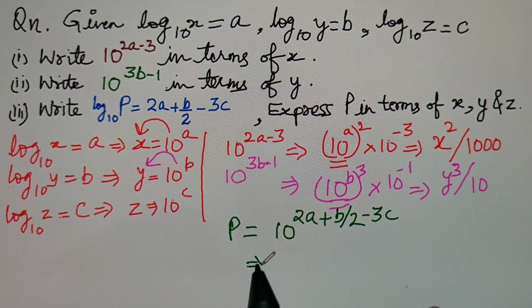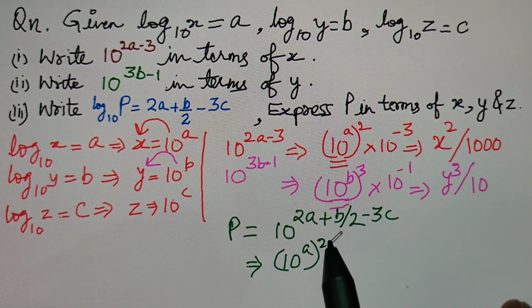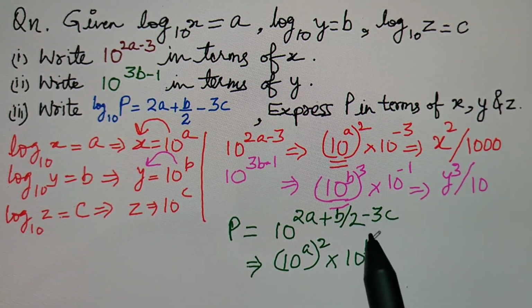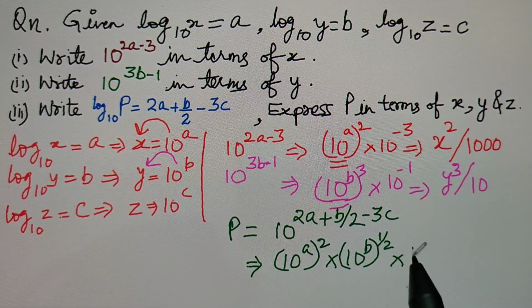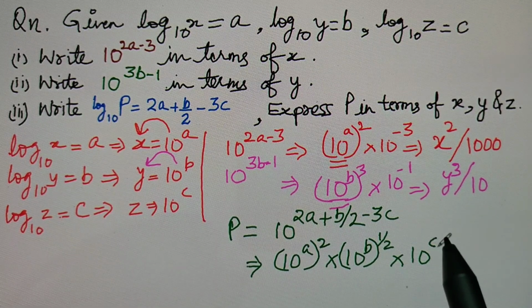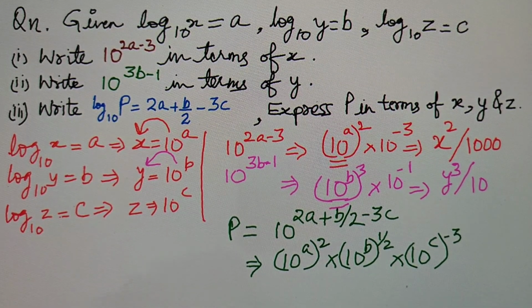Now if we were to expand this, we would get 10 to the power a whole square, into 10 to the power b whole to the power 1 upon 2, and 10 to the power c which is to the power minus 3.